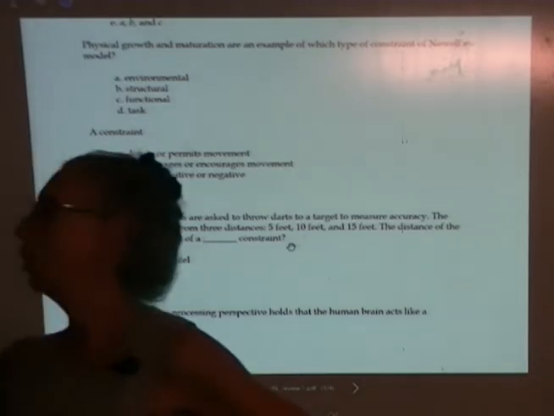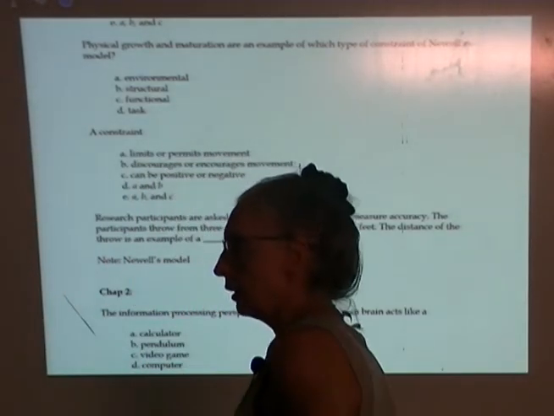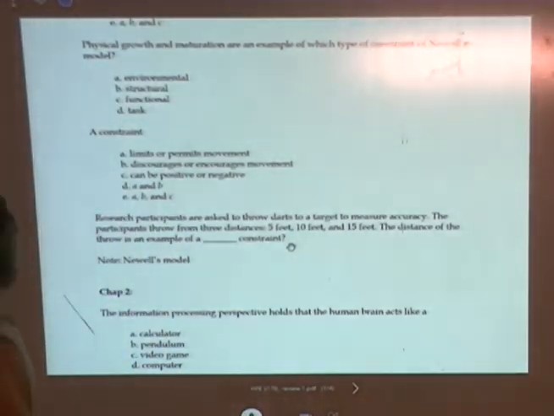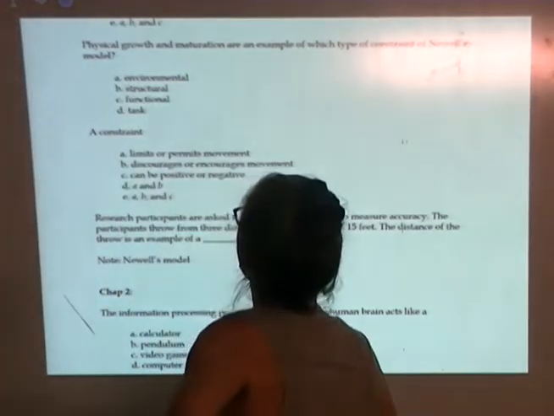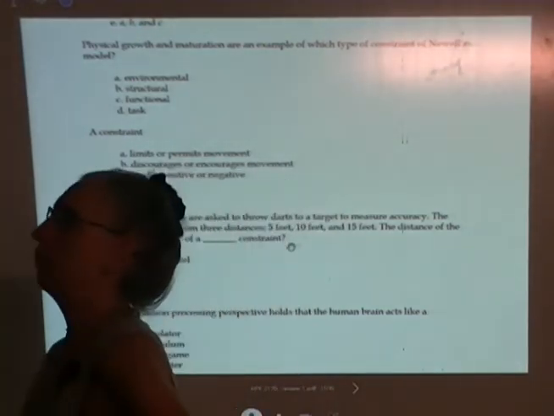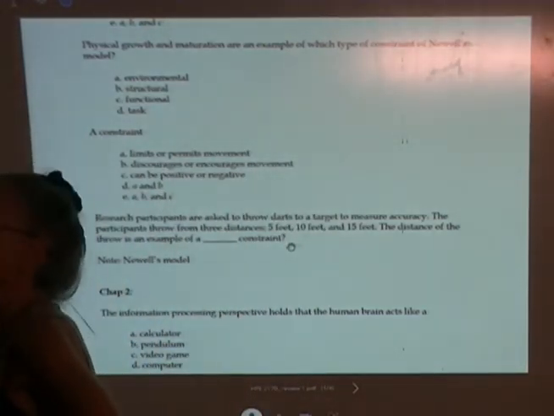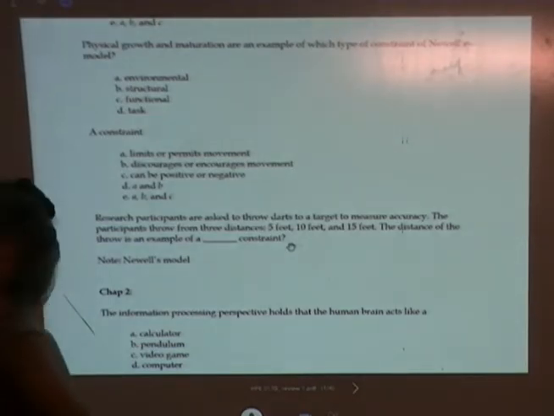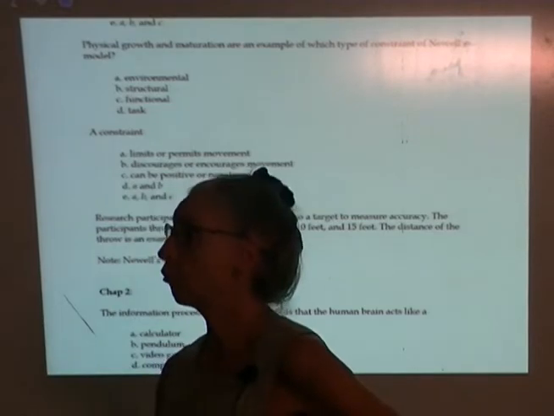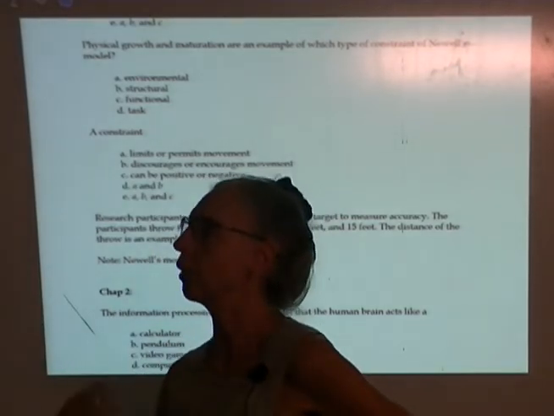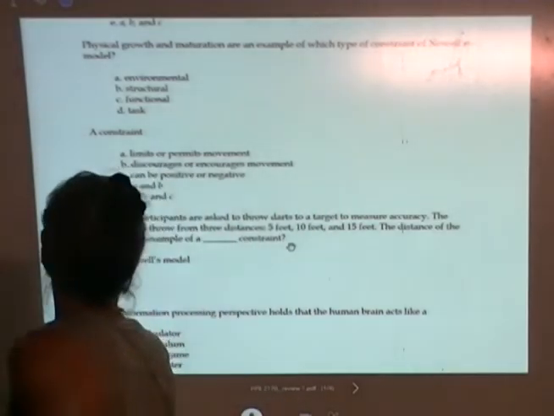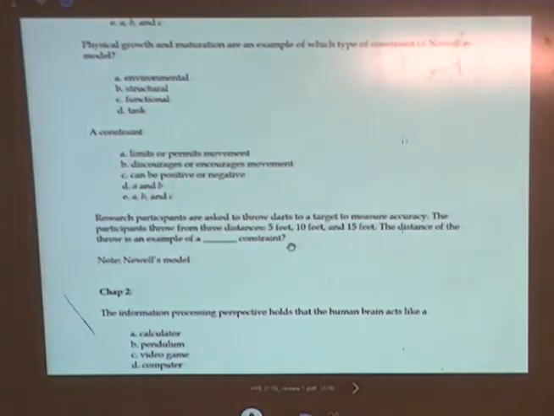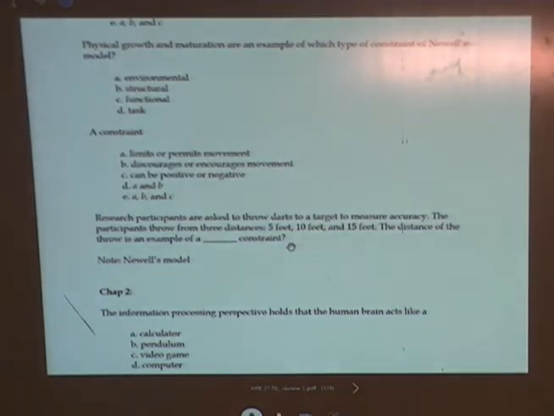So if I'm really overweight, that's going to discourage leaving the ground in a running pattern, right? If I'm really overweight, it might encourage maybe my throwing pattern, because that's not something where I have to lift myself off the floor, and so maybe I practice throwing more often, right? And it can be therefore positive or negative. Good, well done. See, this isn't that hard.